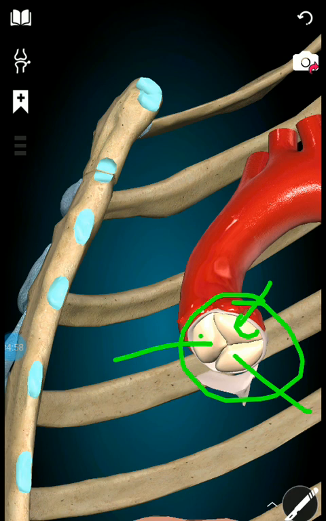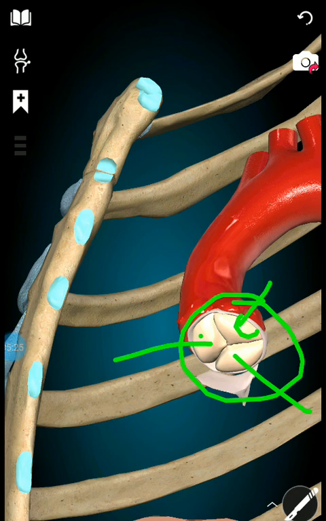So we're going to see why they are called the anterior aortic sinus, the left posterior aortic sinus and the right posterior aortic sinus. The anterior aortic sinus gives origin to the right coronary artery, so it is known as the right coronary sinus.